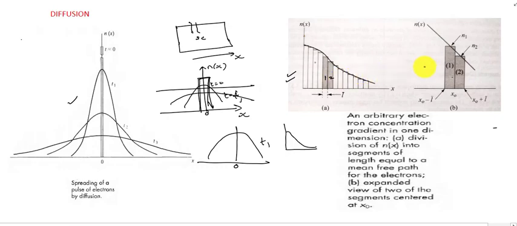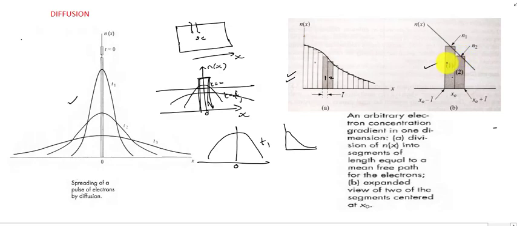So we are expanding the view of figure A, considering only segments 1 and 2. For segment 1 the concentration is represented by N1, and for segment 2 it is N2.